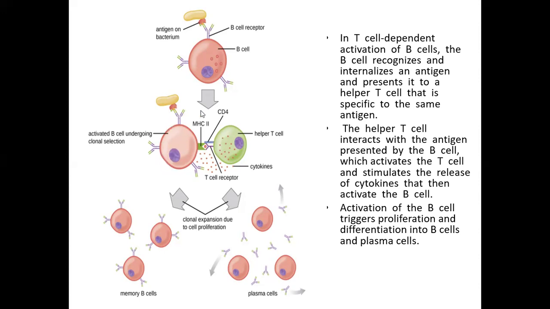You need to recognize it, and the B cell catches the antigen by its BCR receptor, destroys it, and catches only its peptide epitope.